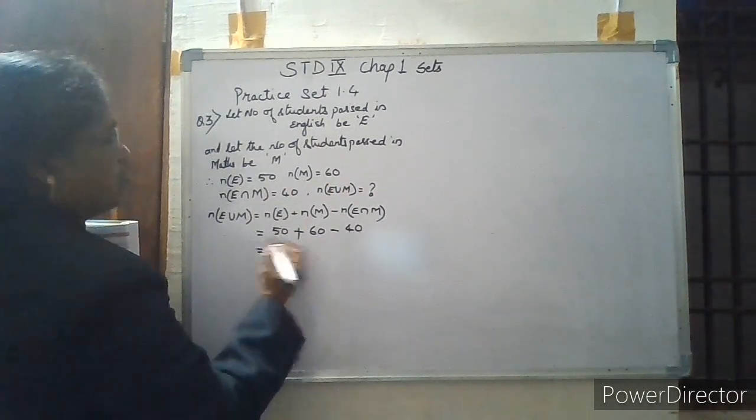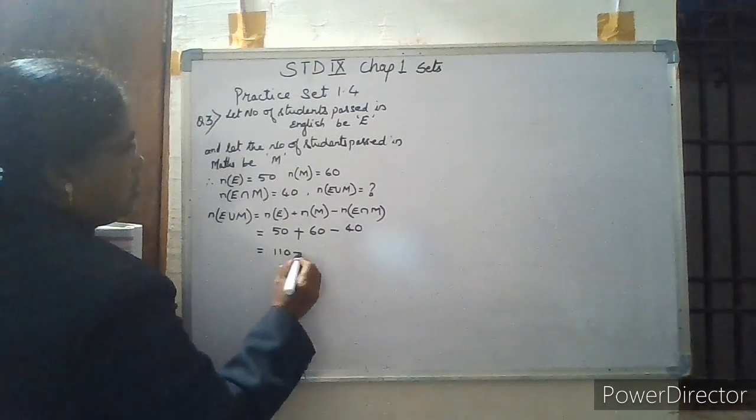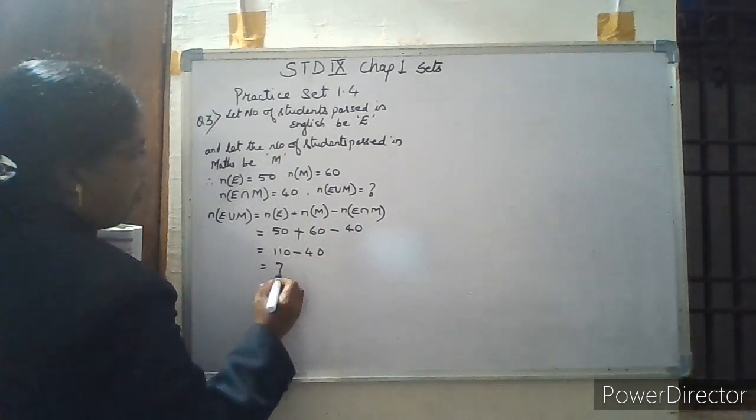So solve this. This is 110 minus 40, and that will give you 70.